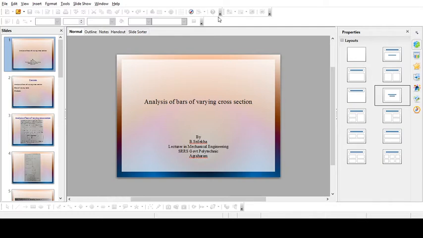So change in length, or elongation, is equal to stress by modulus of elasticity into original length. The stress we have found, 63.66, into 2000, the length of the specimen, by the E value already given, 2 into 10 to the power of 5. On substituting all the values, you will get 0.637 mm.